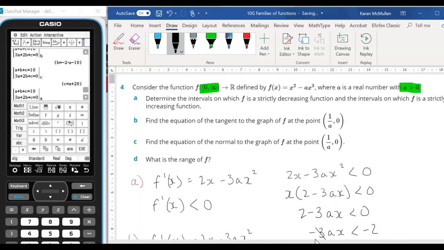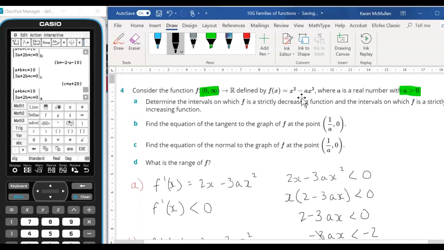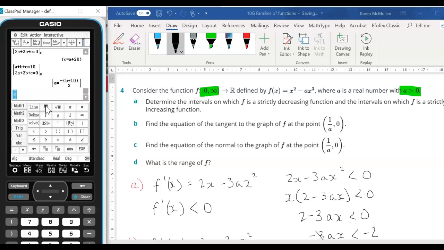Because I'm running out of room, I might just quickly do it on the calculator. So 2 on 3a, I would like to put that in brackets, that's what I was trying to do before, squared minus a times, oh, do you know what?